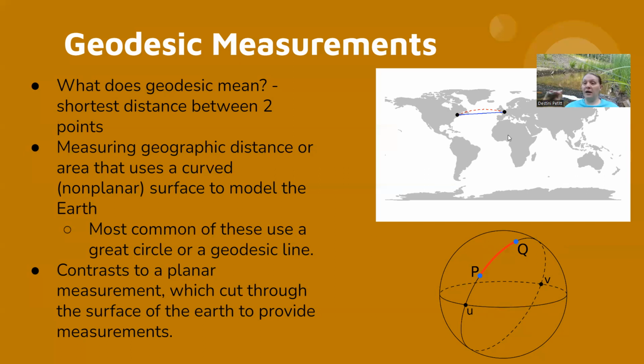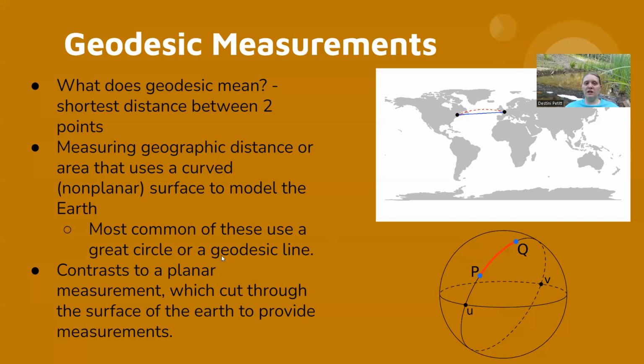So this is still a planar map, and you can see that planar measurement here in the blue line. But the geodesic measurement is this red line. That's the actual measurement taking the curvature of the Earth into account overall, right?